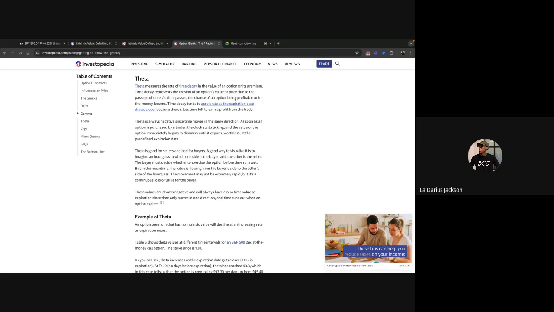So it is the rate of time decay of the value of an option, right? For example, if we bought a SPY contract today and it expired on Friday, the closer we get to Friday, the more the value of the contract is going to erode.